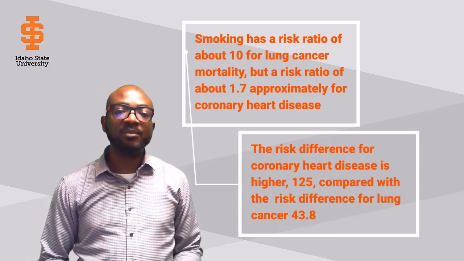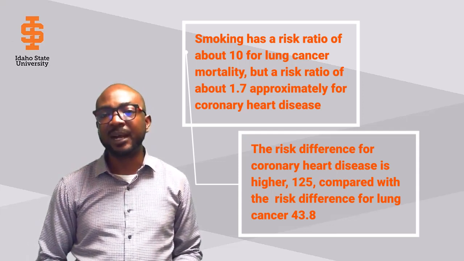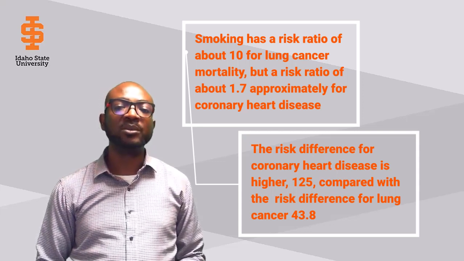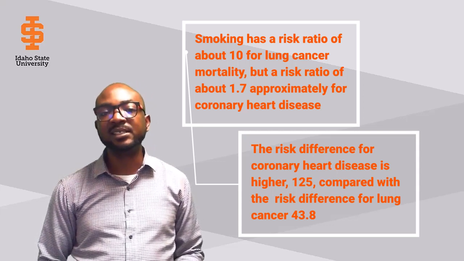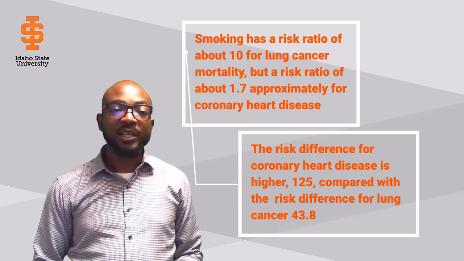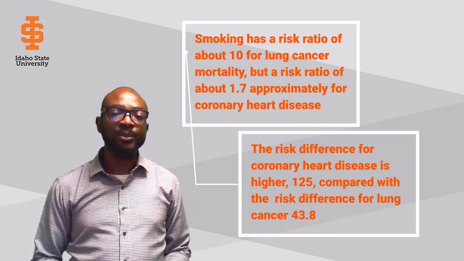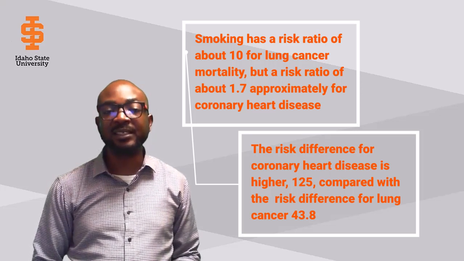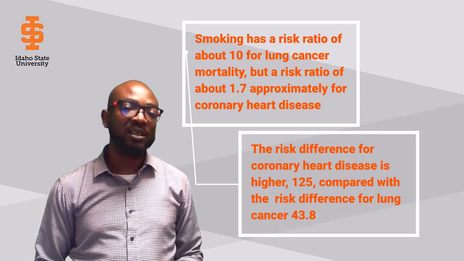The risk difference can be used to compare the preventative impact of a smoking cessation program on the rates of coronary heart disease deaths compared with lung cancer deaths. A smoking cessation program would have a bigger impact on rates of coronary heart disease deaths compared with lung cancer deaths.